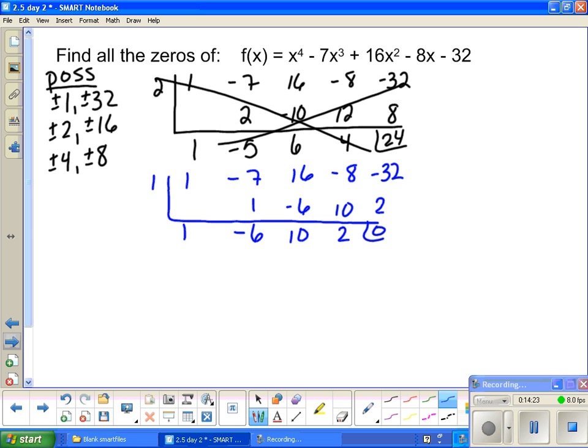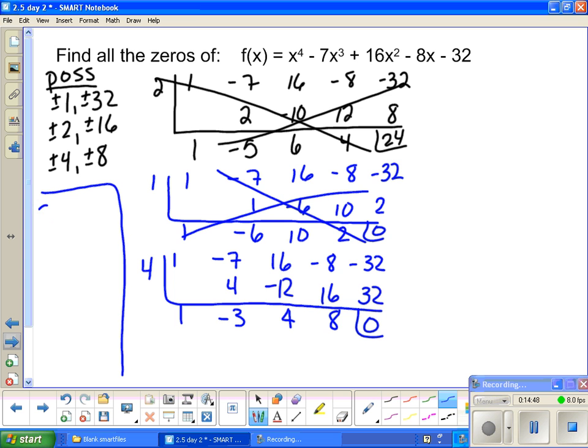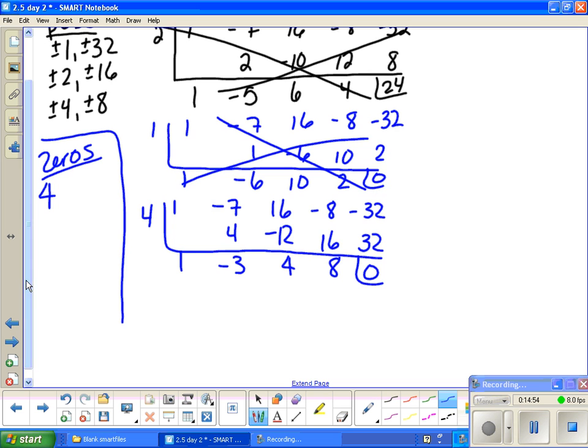Let's try 4. So that's 4. All right, so there, start my list of zeros. So 4 works.